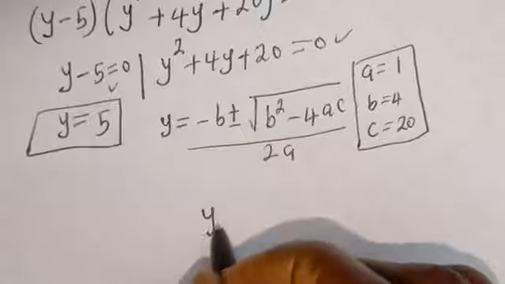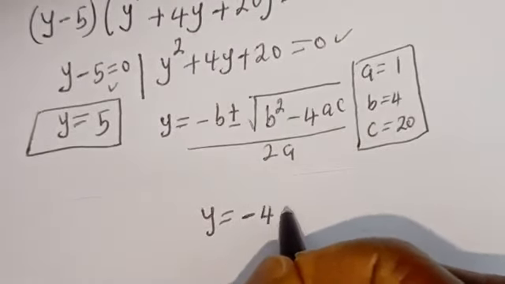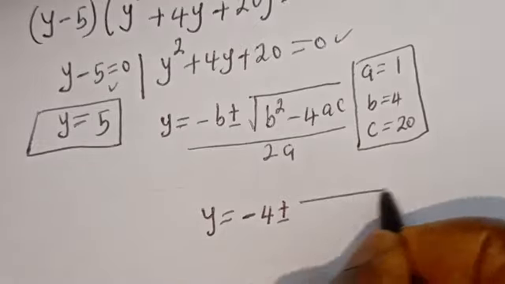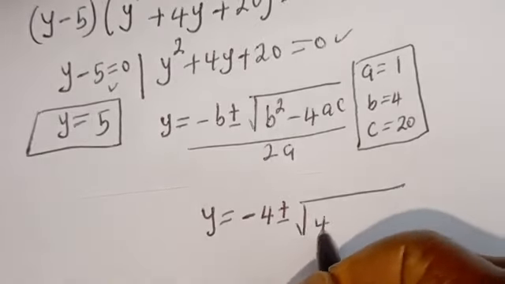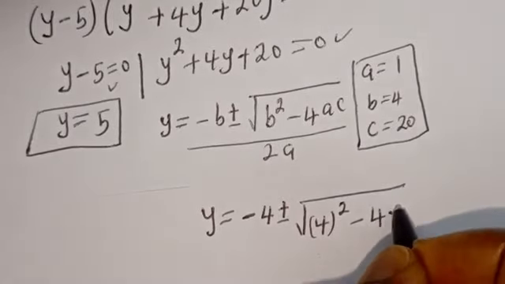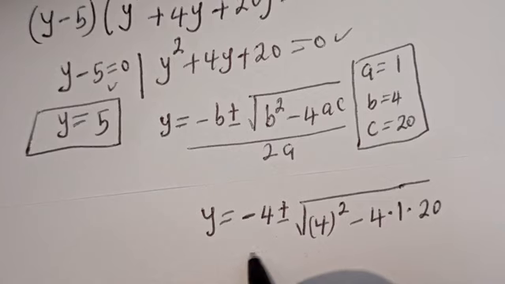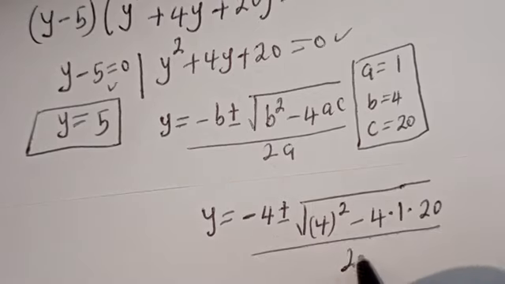Then y is equal to minus 4 plus or minus square root of 4 square minus 4 multiplied by 1 multiplied by 20, divided by 2 multiplied by 1.